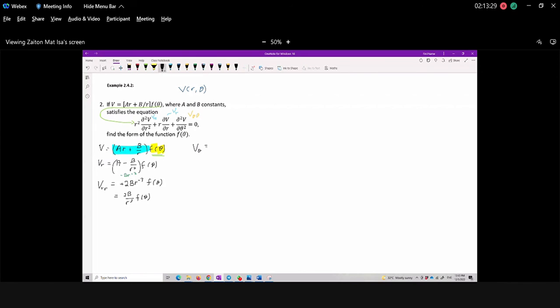In general, an arbitrary function F theta. Don't worry, we have done arbitrary functions many times. So F theta differentiated with respect to theta is just F prime theta. Don't be scared of how to differentiate the arbitrary function F theta. You just follow through, it is still arbitrary, so put the prime there.